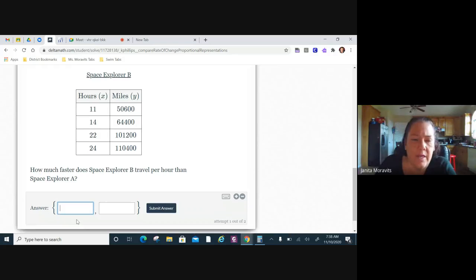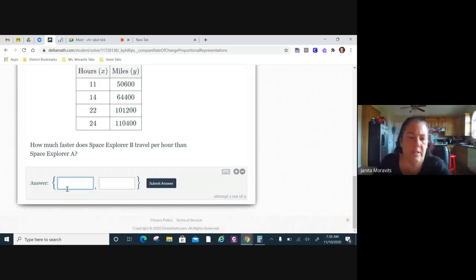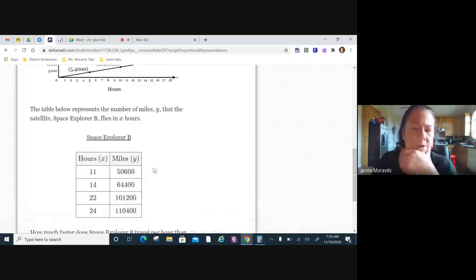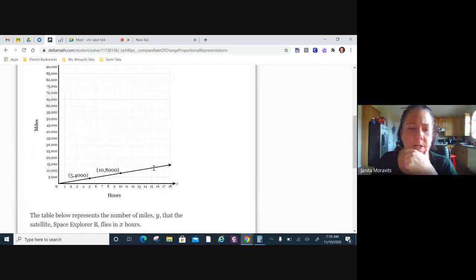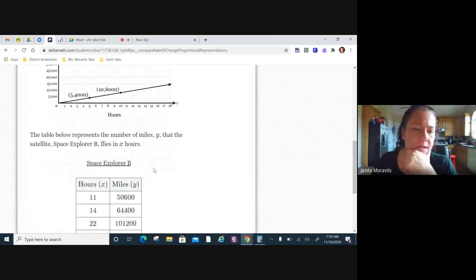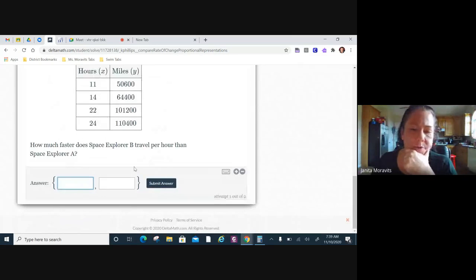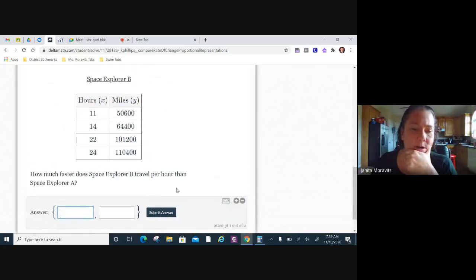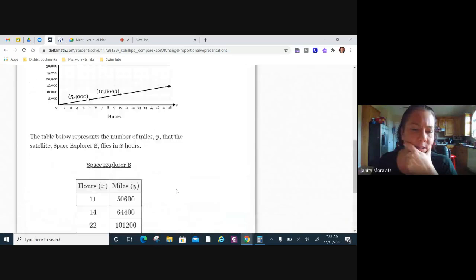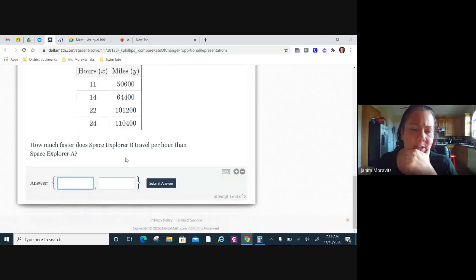How much faster? All right, 3,800. Why do they want us to put it on the chart here? I am not exactly sure what they're doing here, except how much faster does Space Explorer B traveling to Space Explorer A?